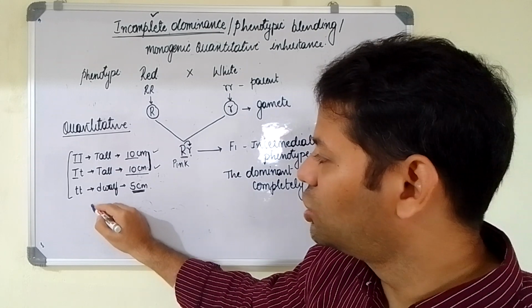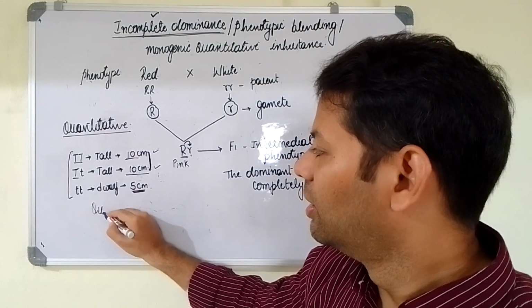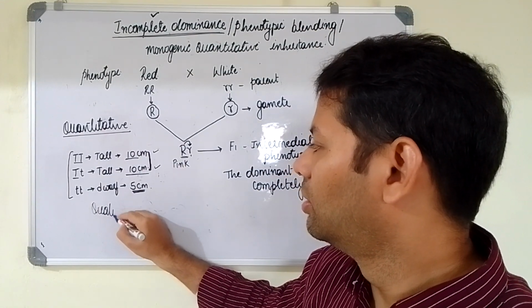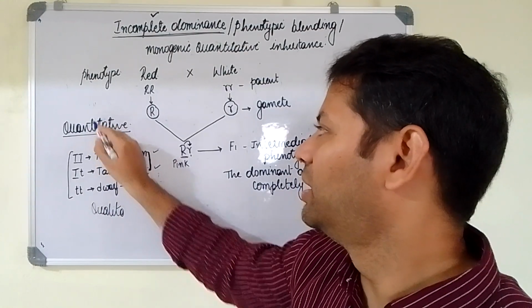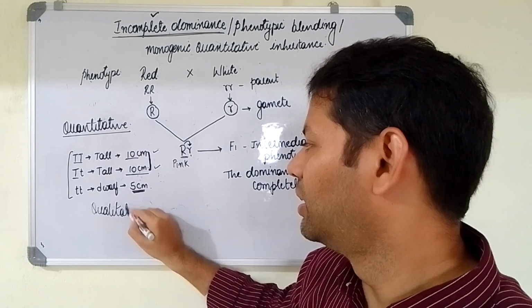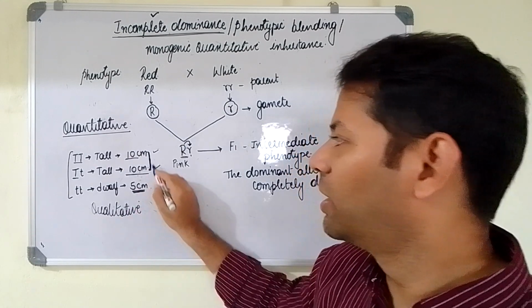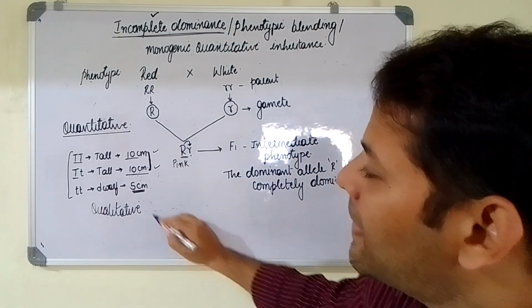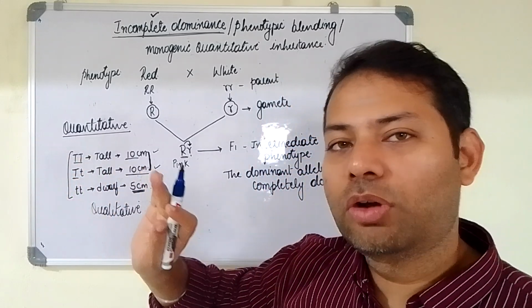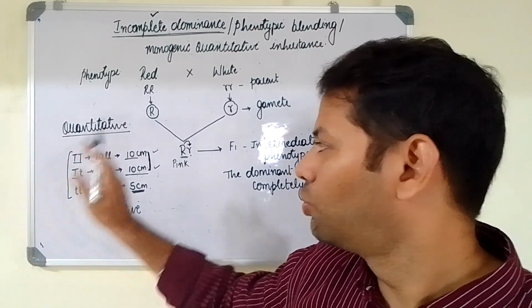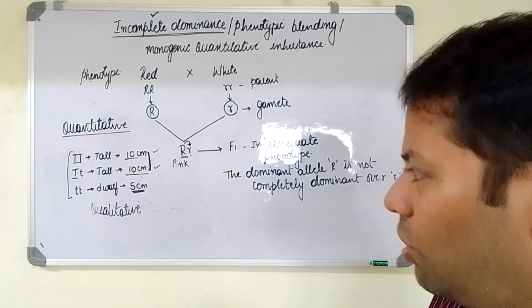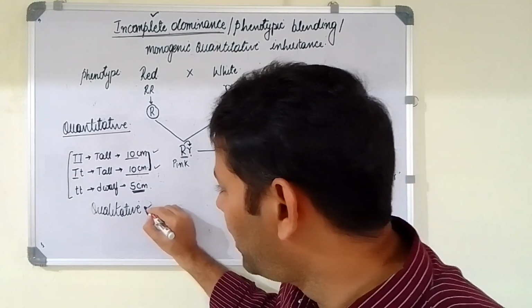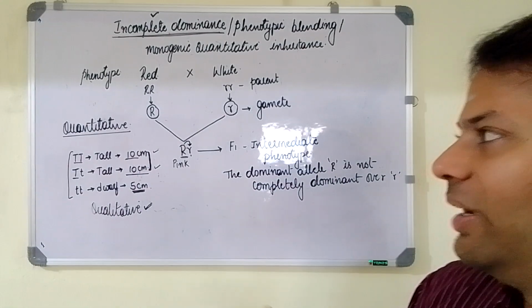This kind of inheritance pattern, where the number of dominant alleles doesn't play a significant role but whether there is a dominant allele or not does, is qualitative inheritance. This is quantitative, this is qualitative.